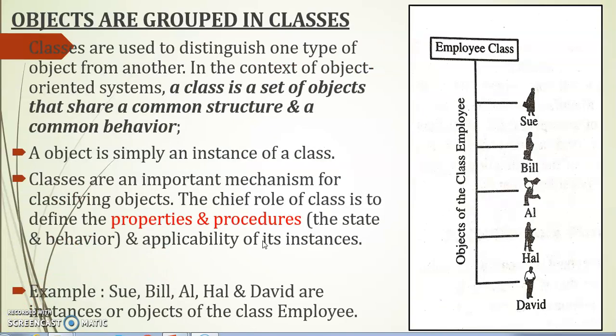The next concept here is objects grouped in classes. Classes are used to distinguish one type of object from another. A class is a set of objects that share common structure and a common behavior. The meaning here is all these people share common attributes and common properties.